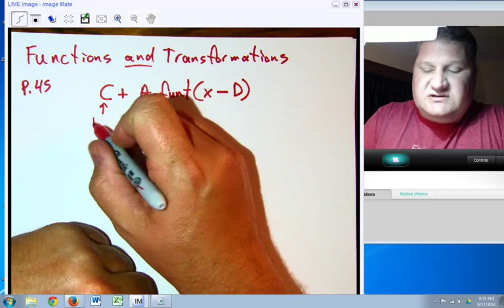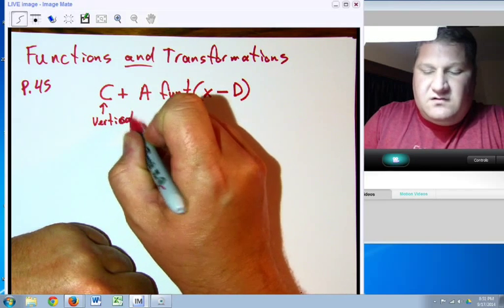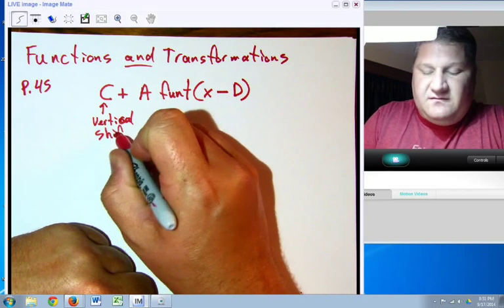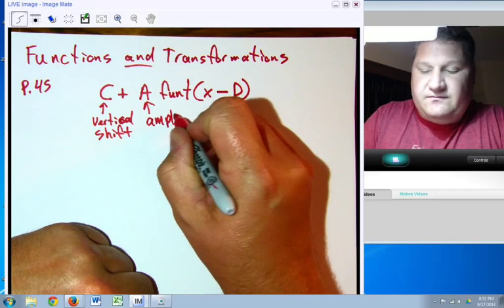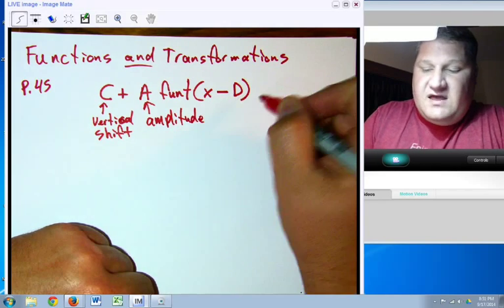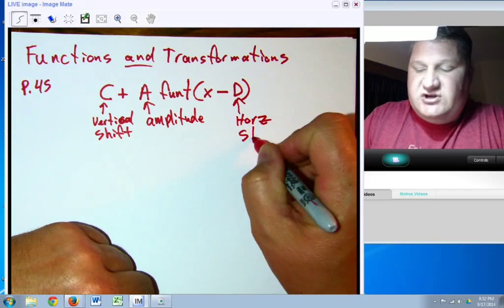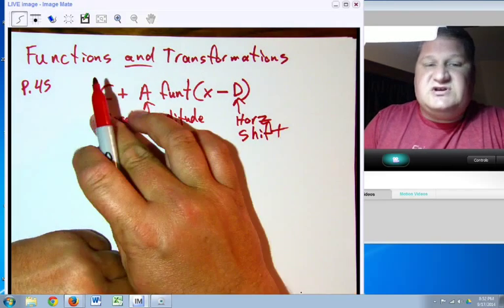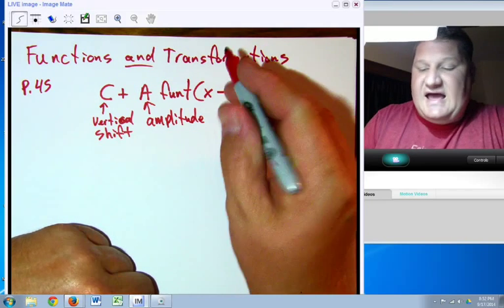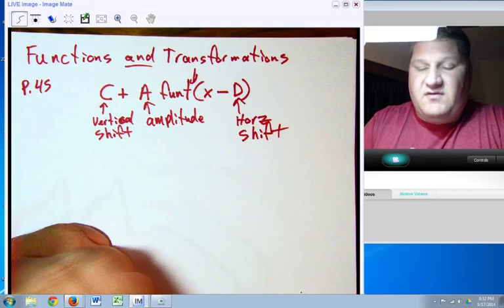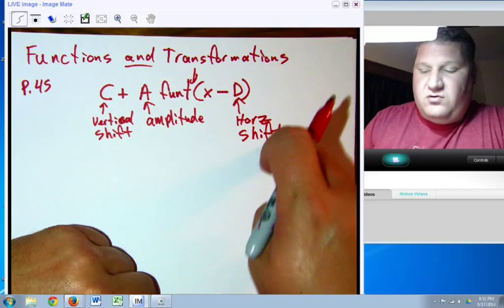C, which is vertical shift. You have A, which is amplitude. And you have D, which is horizontal shift. Now, this is a generic standard. When we get to trigonometric functions, I'm going to add another letter right in here, but for now, we don't need it. So, vertical shift, amplitude, horizontal shift.